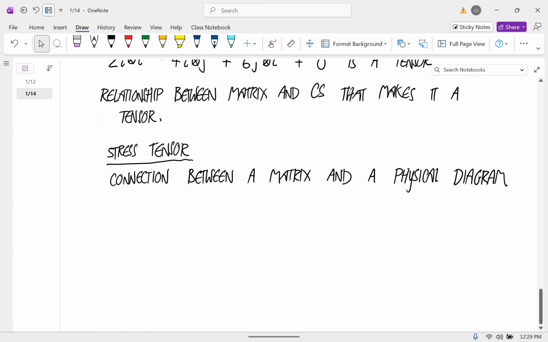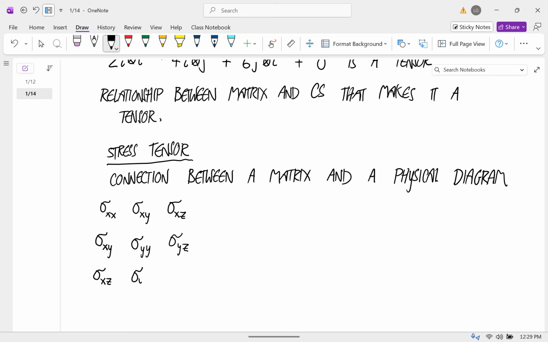So the matrix will look like this. It's going to be a 3x3 matrix, and I'll write it as sigma xx, sigma xy, sigma xz. Then I'll repeat sigma xy, then sigma yy, then sigma yz. Then I'll repeat sigma xz, sigma yz, and then finally we have sigma zz.